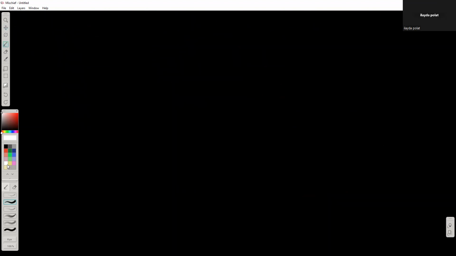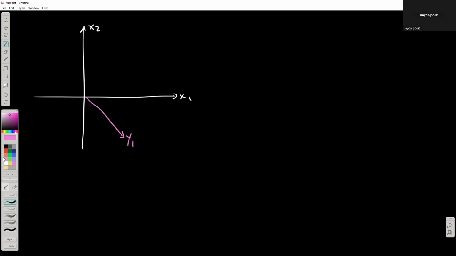First of all, I'm going to start with these x1 and x2 axes. And then I'm going to draw this y1 axis and a y2 axis, right? I'm going to use the same colors again. So all of these angles are 45 degrees.